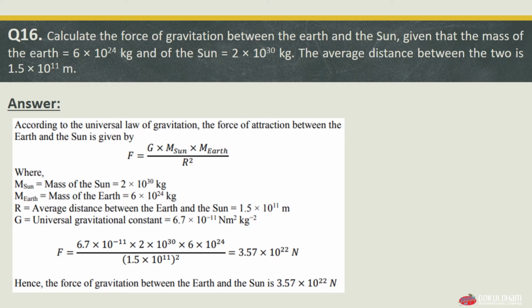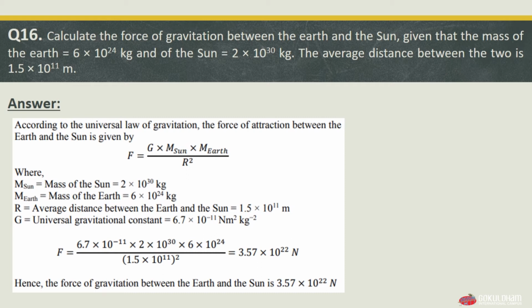According to the universal law of gravitation, the force of attraction between the earth and the sun is given by force F is equal to G, which is our universal gravitational constant, multiplied by mass of sun multiplied by mass of earth divided by radius square. Means here radius r is the average distance between the earth and the sun.